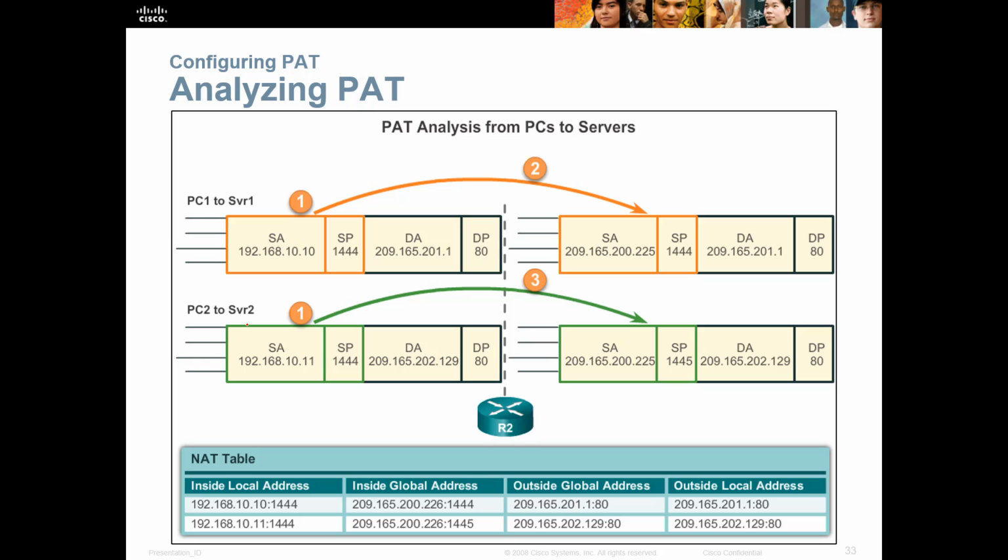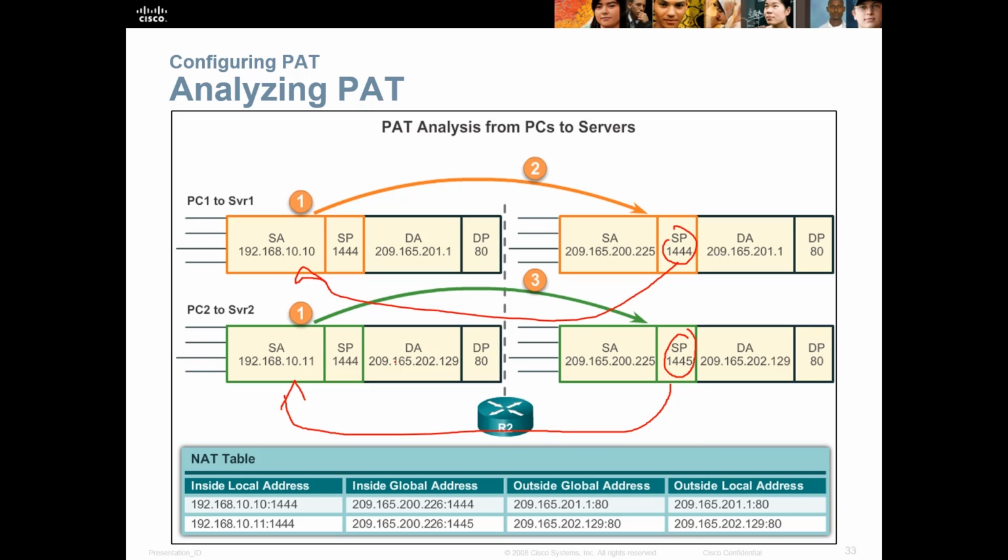So PAT, again, it will randomize the ports. That way, coming back in, it knows that this port is associated with that address. It knows that port is associated with that address.